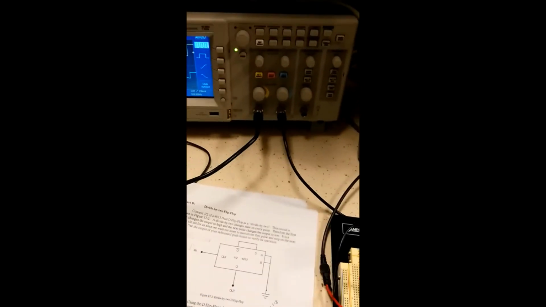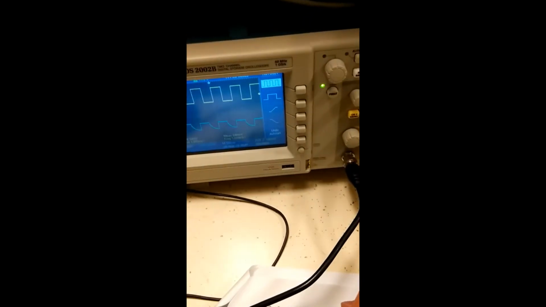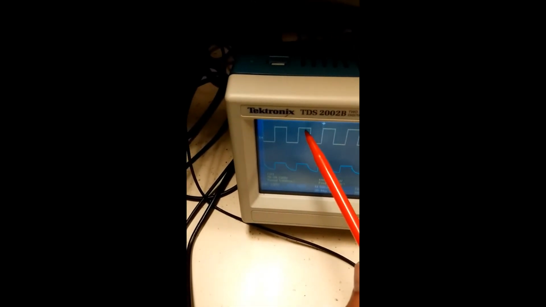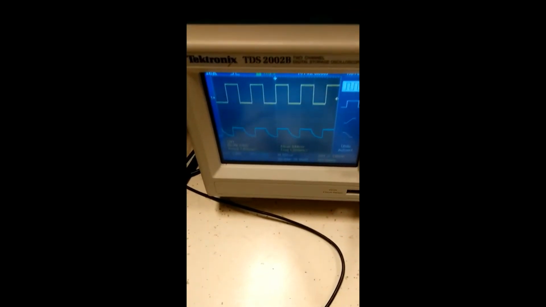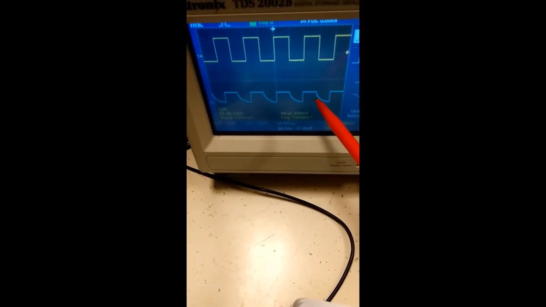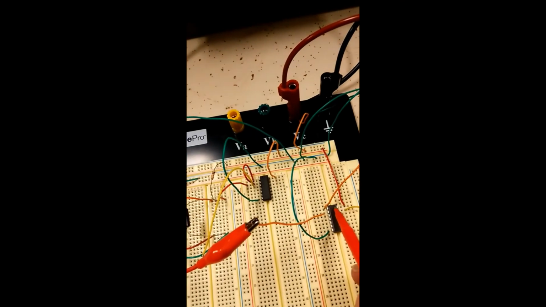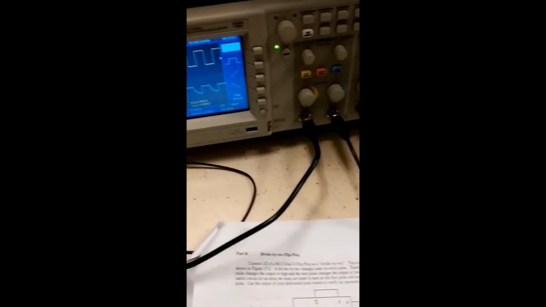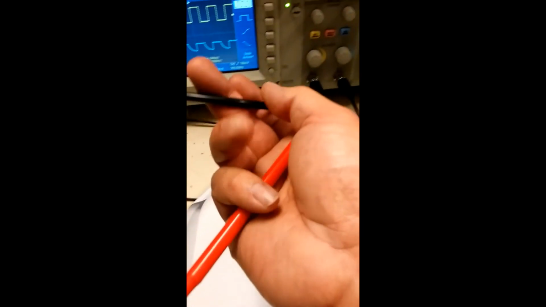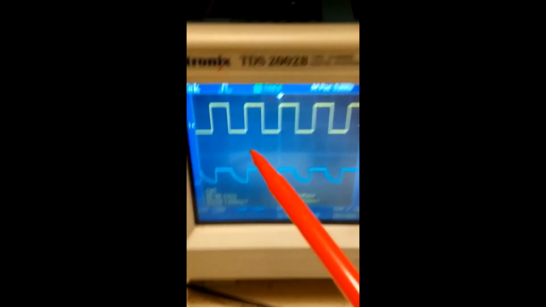Channel 1 is my input signal from the generator, a square wave, 5 volts peak to peak. The blue line, channel 2, is the output from switch number 1. All right, this is the result.